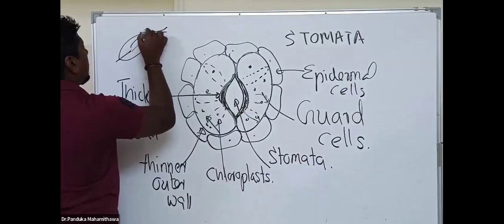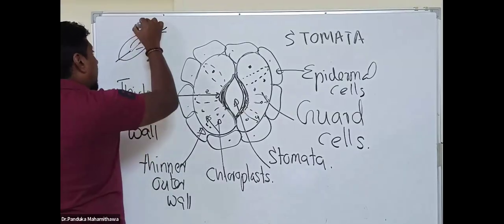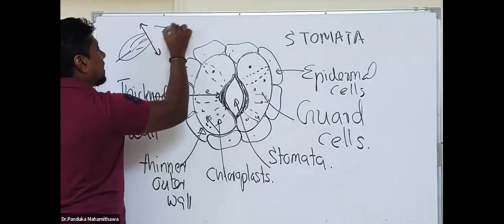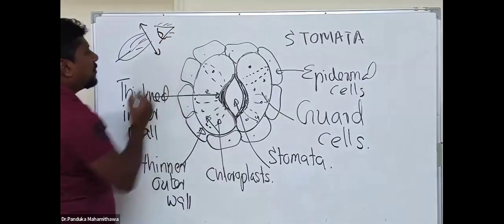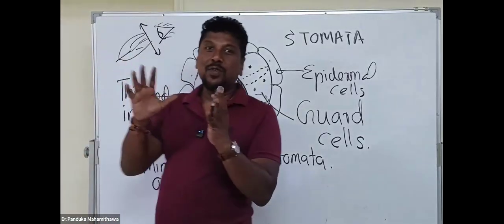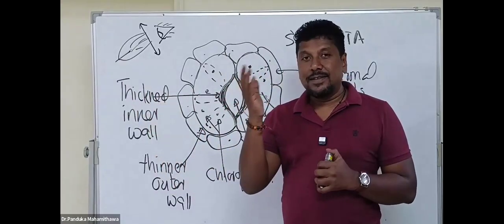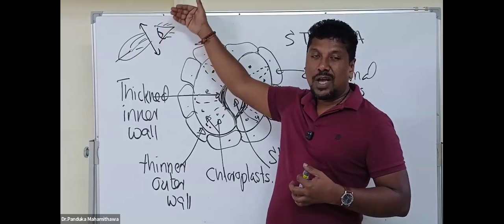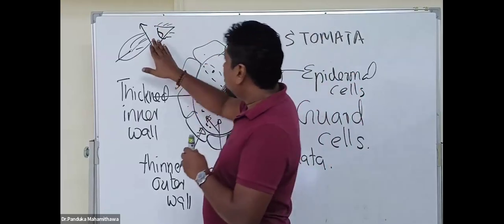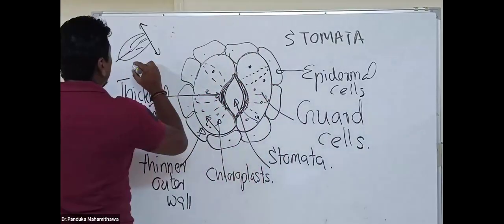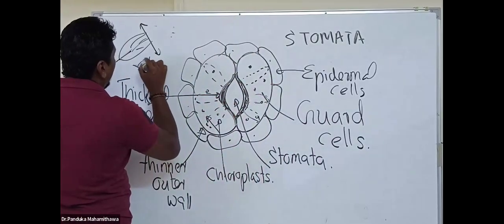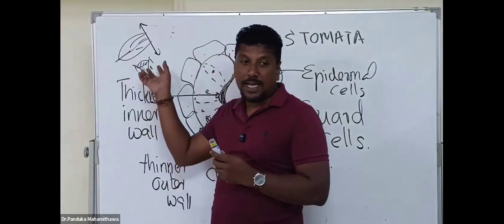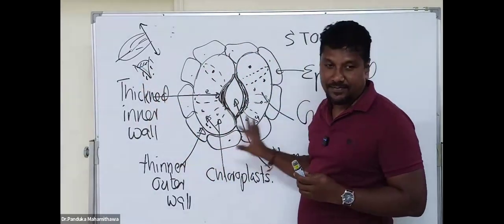If you cut this and look at the structure from this angle, it is what we drew earlier as the anatomy of the leaf. Without cutting, what you see when you look at the underside of the leaf from this side is this.